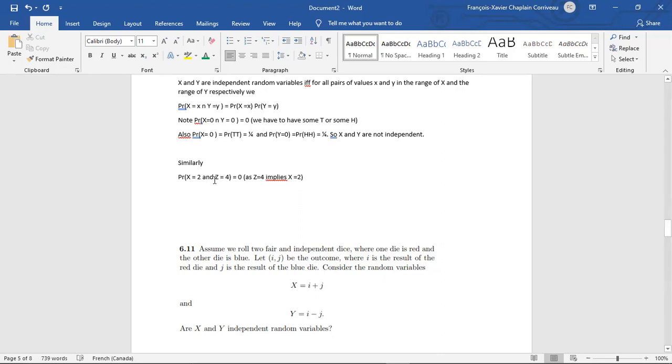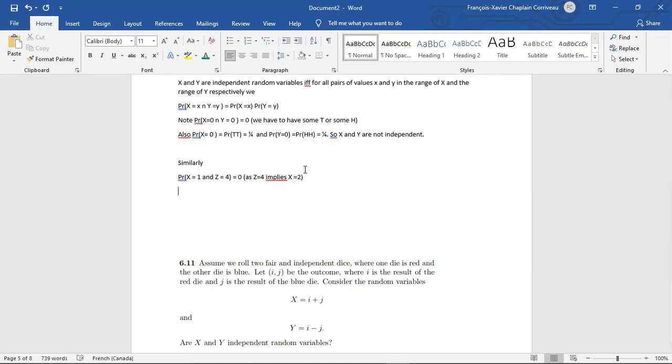But if I want z equal to 4, it means that... sorry, you said 0, right? Yes, or 1, for example. So the value that is not 2, obviously. So this is equal to 0, since z is equal to 4 implies x is equal to 2.